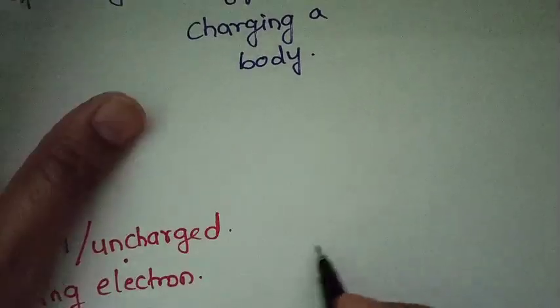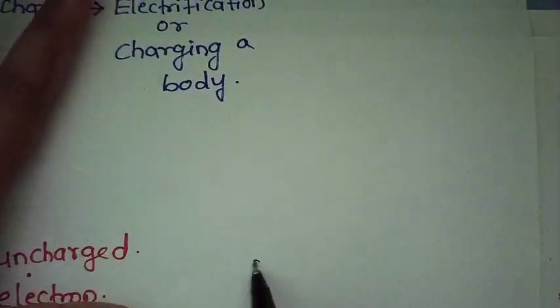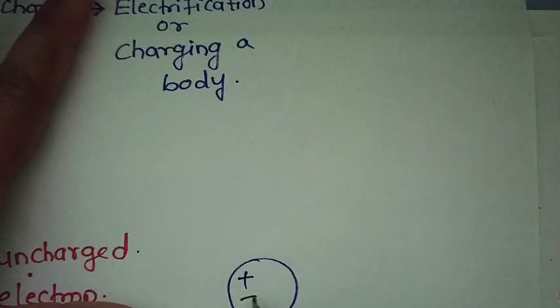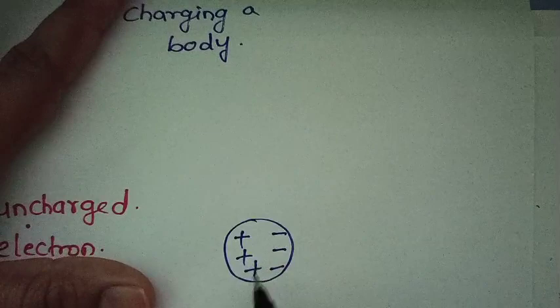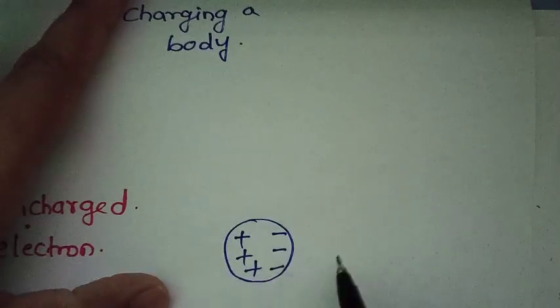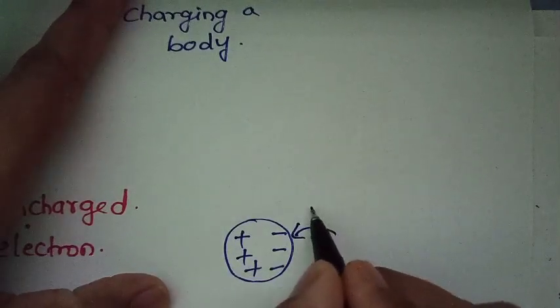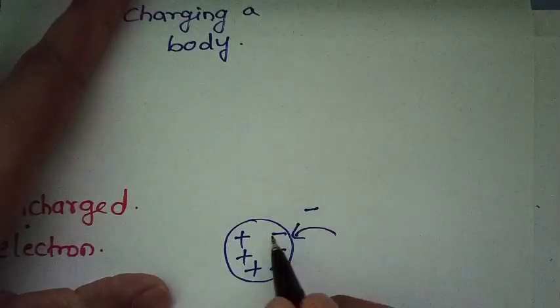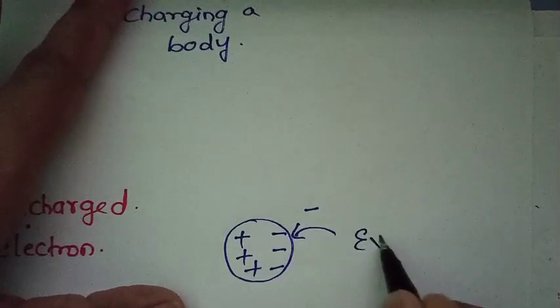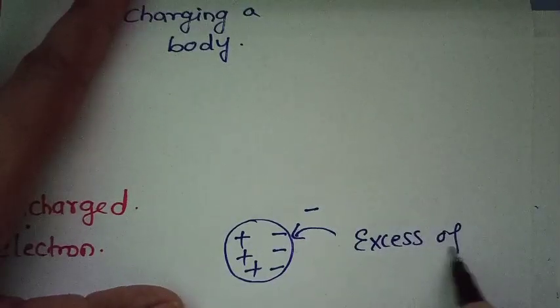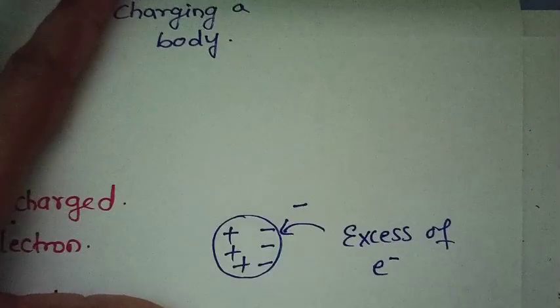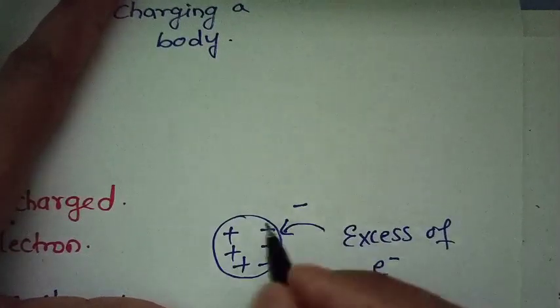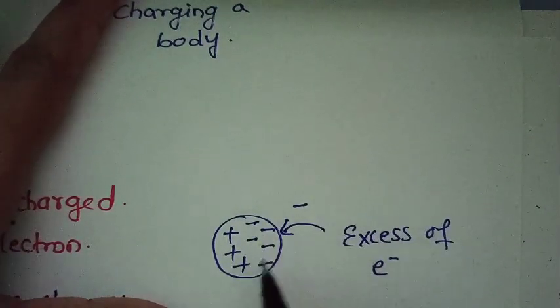Similarly, consider another same body. Now this body is gaining some electrons, gaining negative charges. So here there is an excess of electrons, an excess of negative charges, which means the number of positive charges is relatively decreasing.